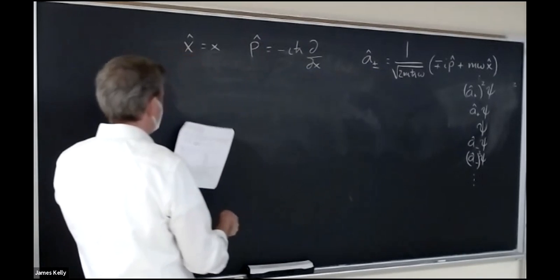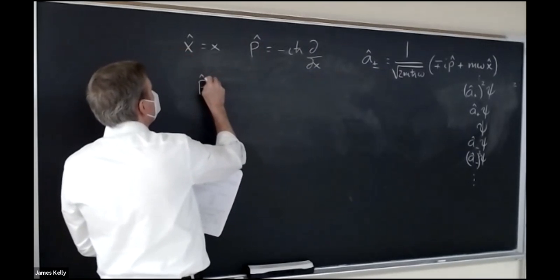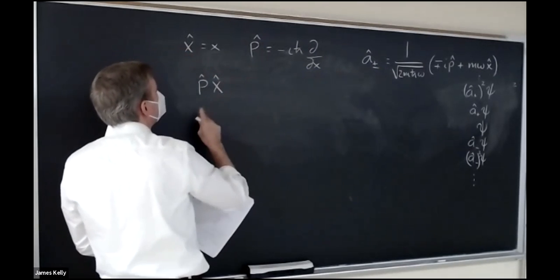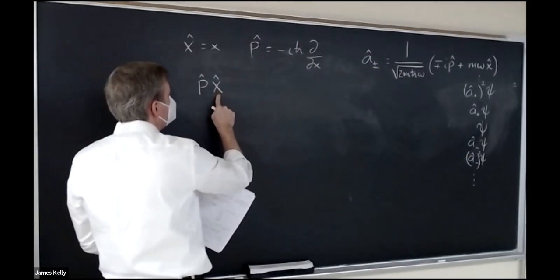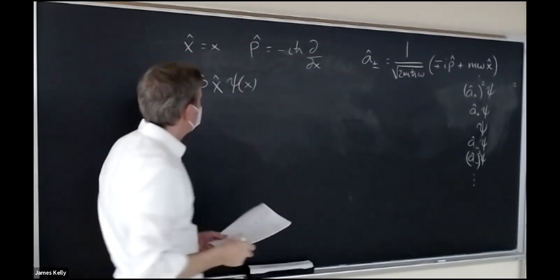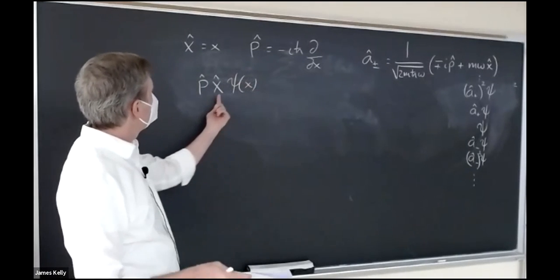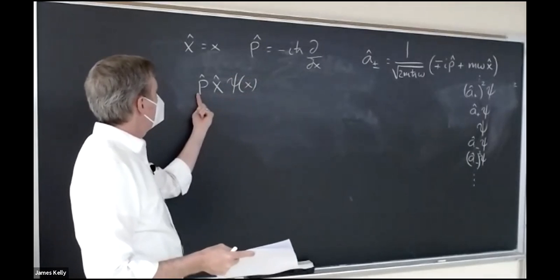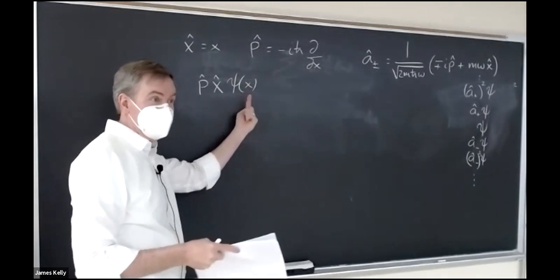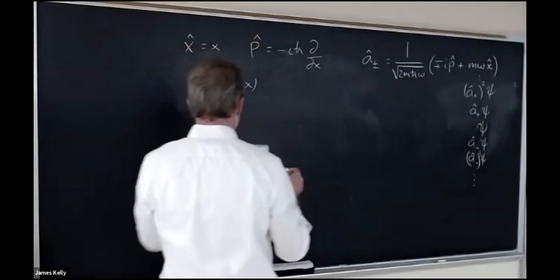So just for example, if we have the momentum operator operating on the position operator, both operating on psi of x, right? These operators always operate on some function, right? So this means you first multiply by x, and then you take that derivative with respect to x after that, with the constants out in front for the momentum operator.